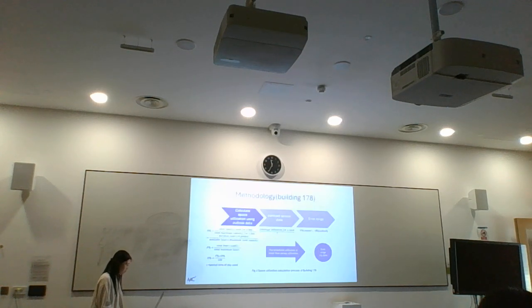For building 178, the figures show the calculation process. The first step is to calculate space utilization, and the data we collect is from the Outlook booking system. First, we can calculate the occupancy rate using these formulas. The formulas include duration hours, number of people, available hours, and the maximum room capacity.